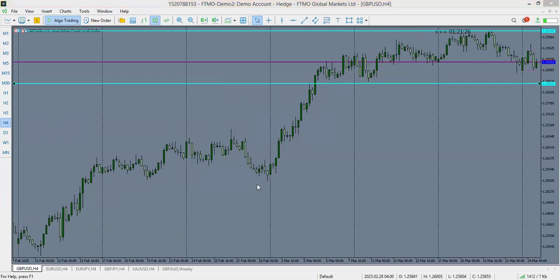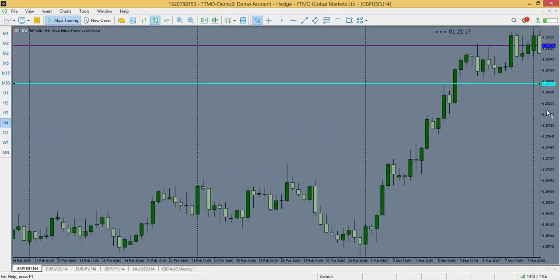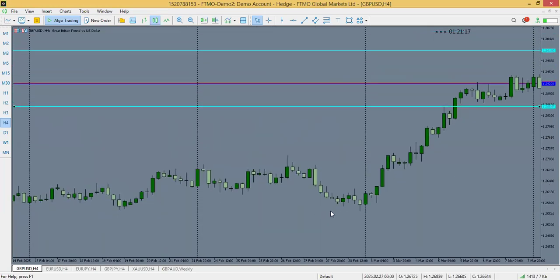So let me expand this. From these lows here, what did price do? If you look at the range, where's your valid range?